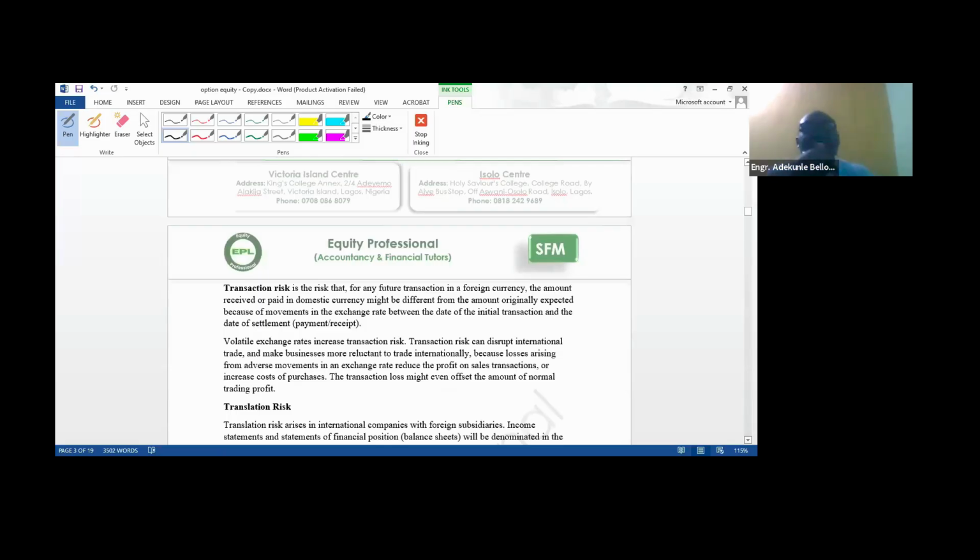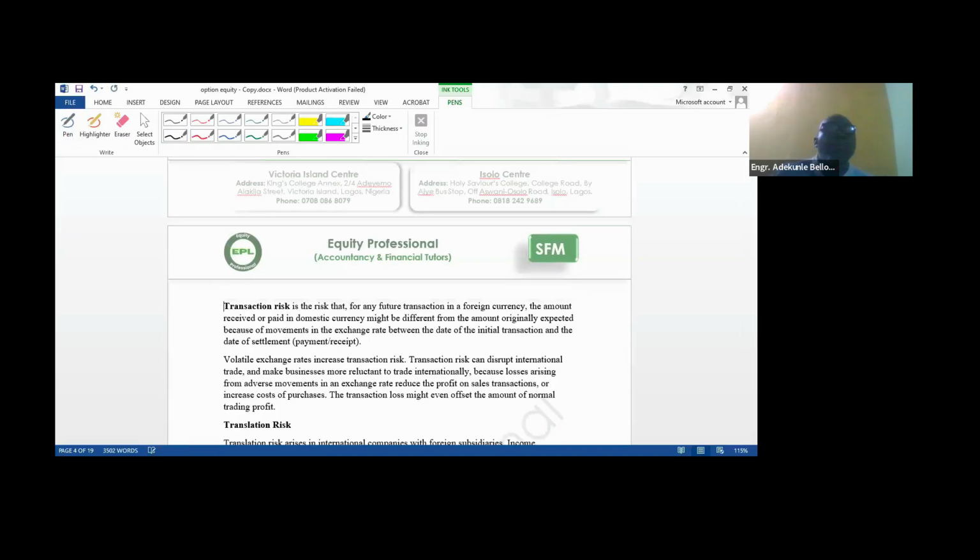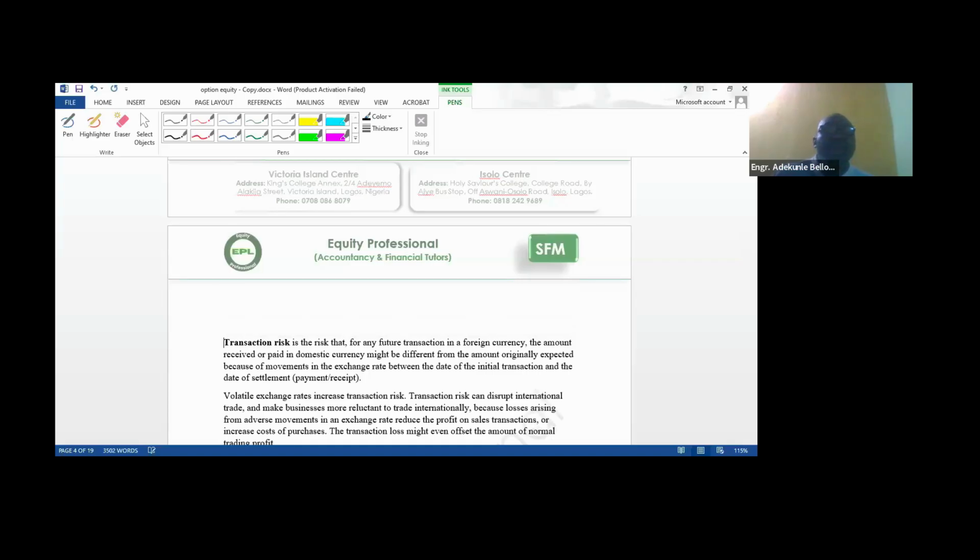Illustration. For example, assuming our company is based in Nigeria. So, Charity, let me illustrate this. Let me illustrate transaction risk.